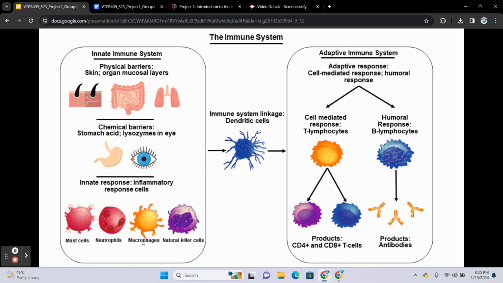The T lymphocytes can later differentiate into CD4, which is MHC class 2, and the CD8, which is MHC class 1. And the B lymphocytes release antibodies.